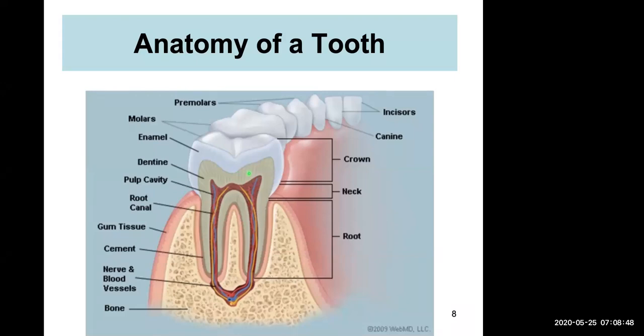Dentin is going to be extremely sensitive to any kind of movement, pressure, hot, cold, which gives us that enormous sensitivity. And then below that, we've got the pulp. This pulp is living connective tissue. It's got blood vessels, it's got nerve endings, and so on.